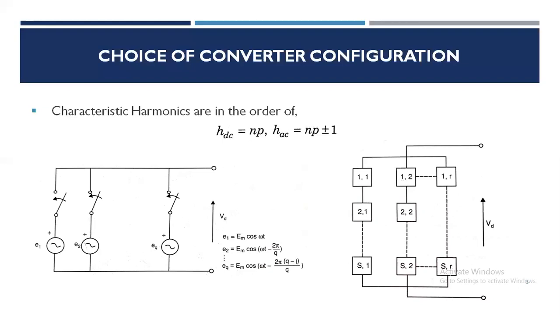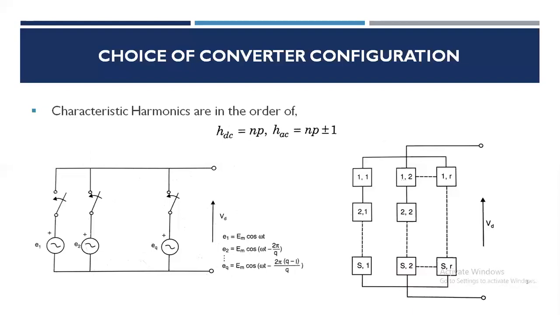If the converter is made up of a matrix of S valve groups in series and R valve groups in parallel, then the pulse number is P equal to Q into R into S. Just I am repeating this because it is very important.